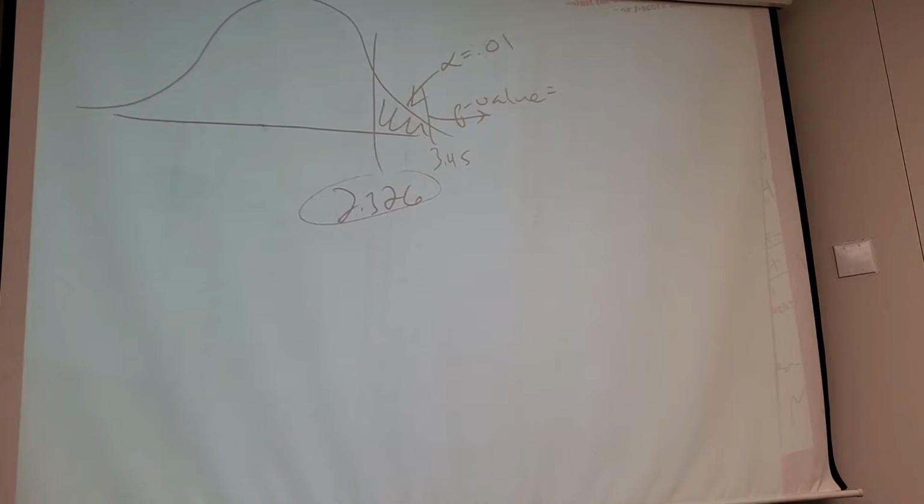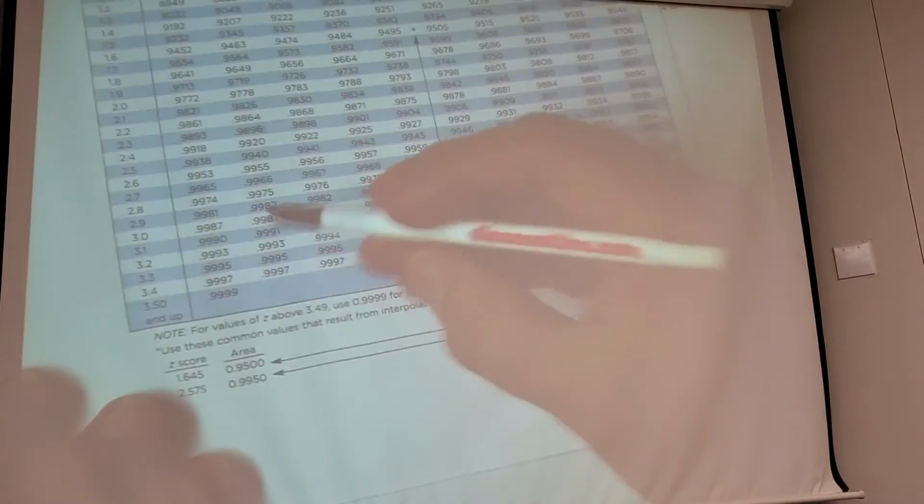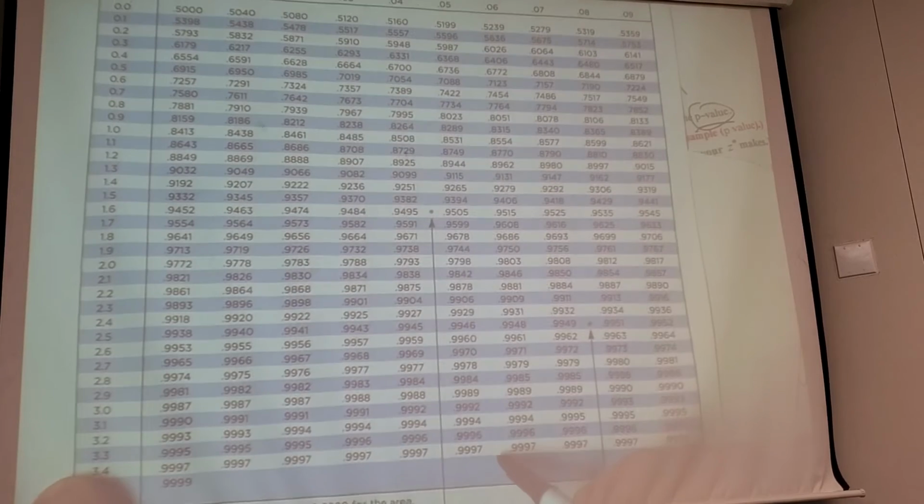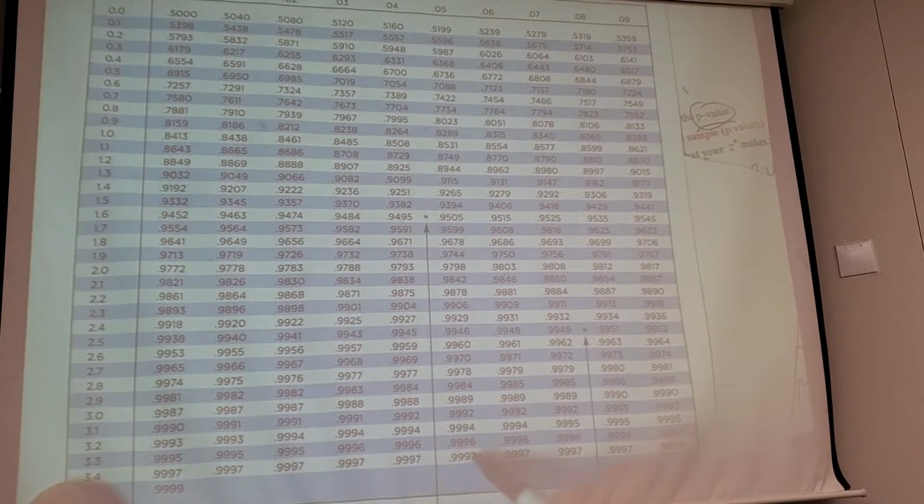So you should be looking at your z-score charts. That doesn't sound quite right. Let's see. So 3.45, if I heard you right, is 0.9997, but that's not the area of the tail.